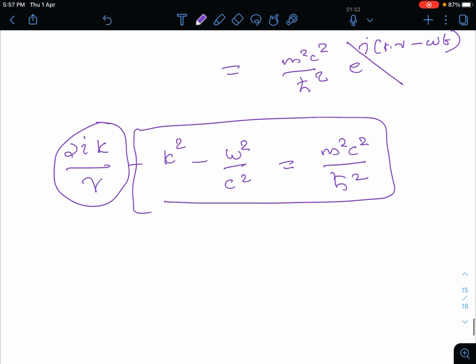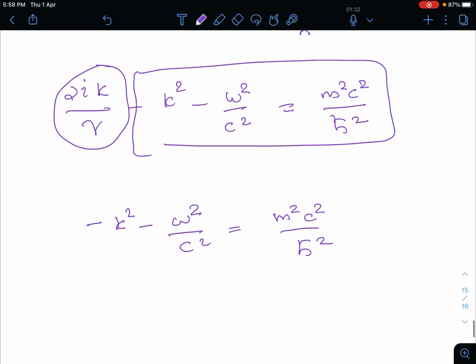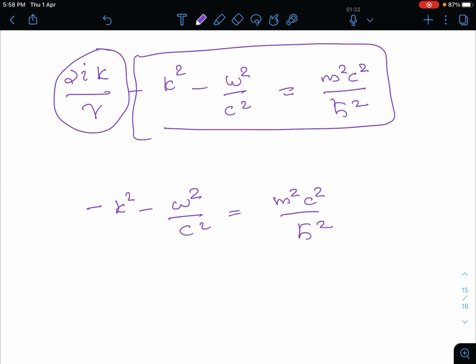Now I am equating only the real part, so I will be getting minus k square minus omega square by c square is equal to m square c square by h cross square.